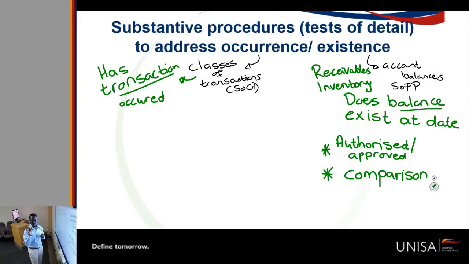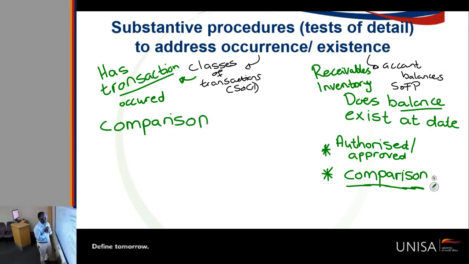This is now when relating to topic 3. So you want to look at all of them side by side and look at the similarities between the cycles, so that you don't end up memorizing substantive procedures, because there's no need. Just go and compare. You will see there are already a lot of similarities. And it's a similar thing with regards to the comparison for classes of transactions.